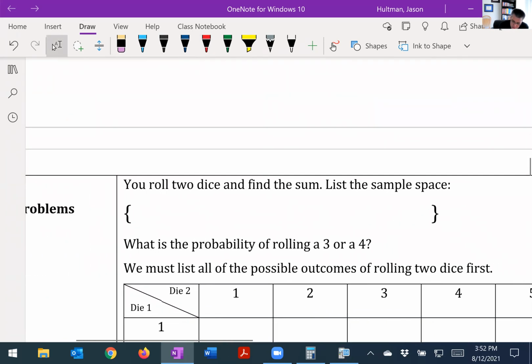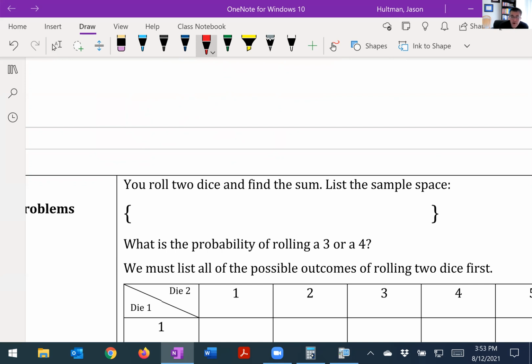You roll 2 dice and find the sum. List the sample space. I guess we could list all the sums.